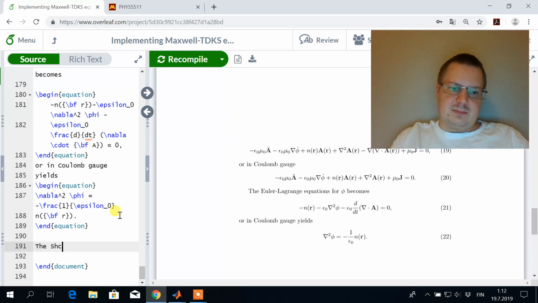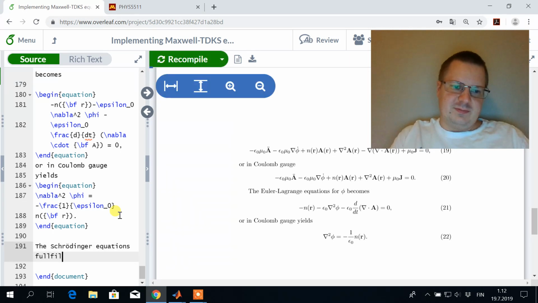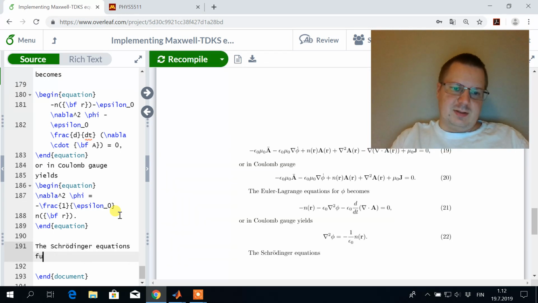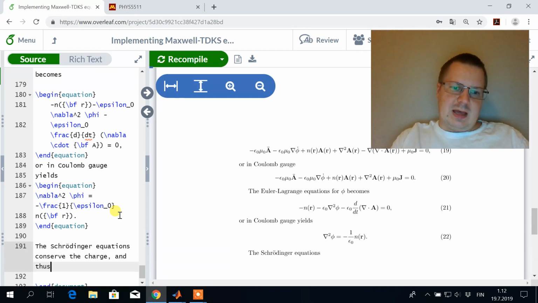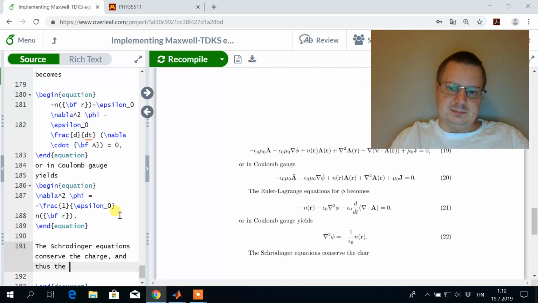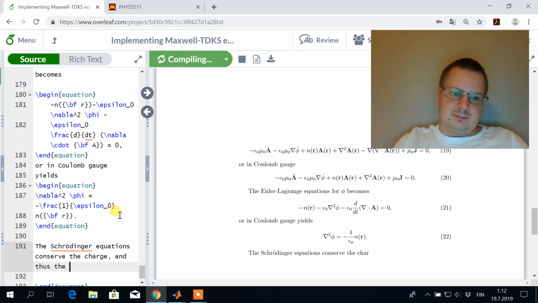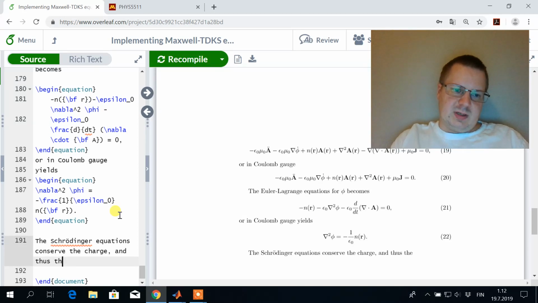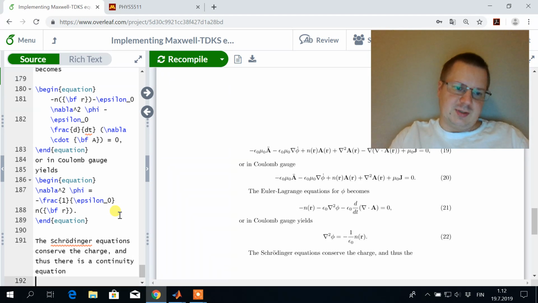The Schrödinger equation conserves the charge, and thus there is a continuity equation.